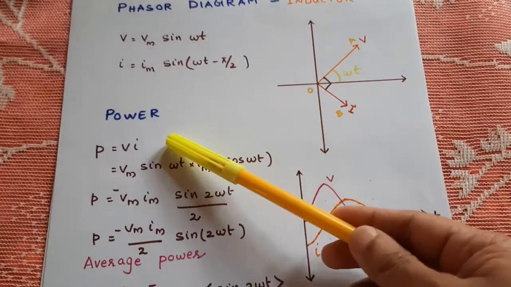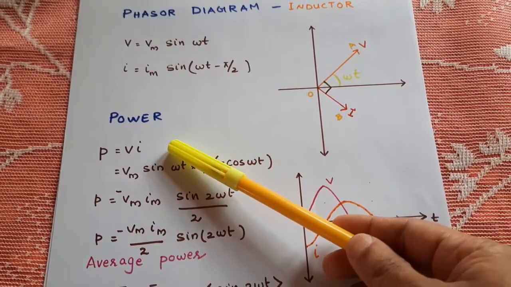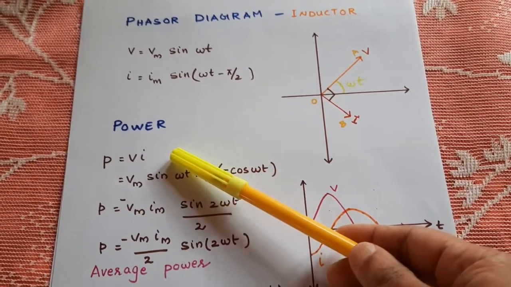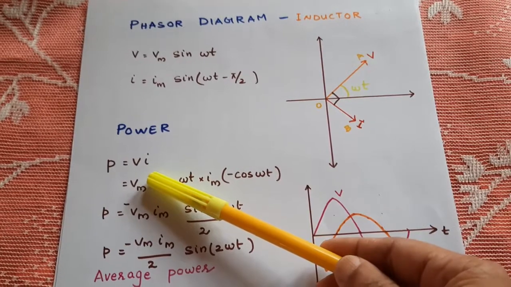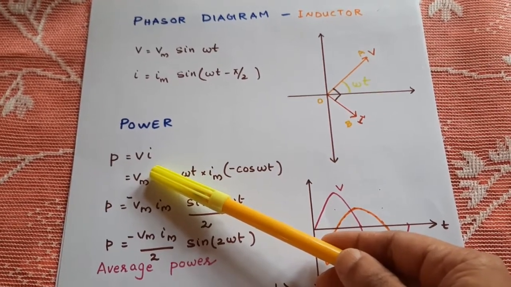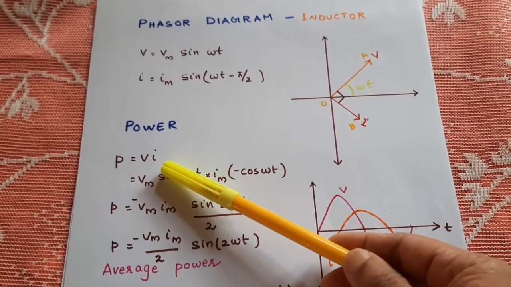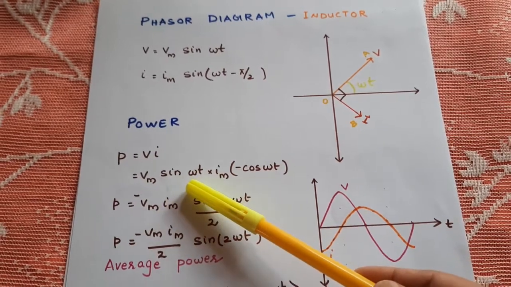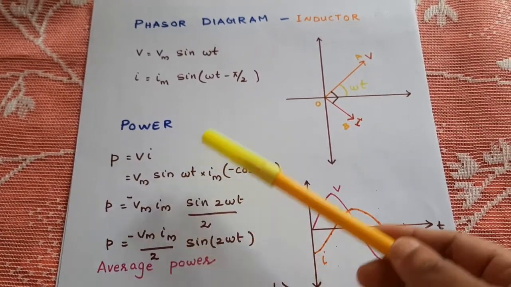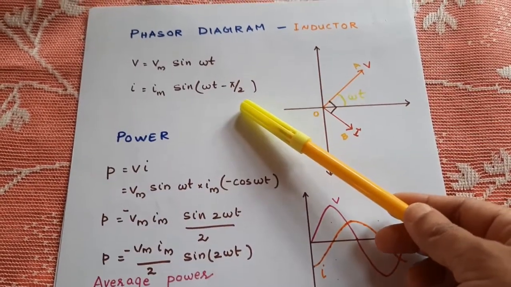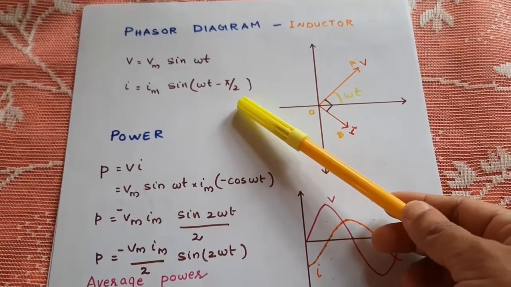Now let us find the power dissipated in the circuit. Power at any instant is given by P is equal to Vi. Voltage is Vm sin omega t. And current Im sin omega t minus pi by 2.